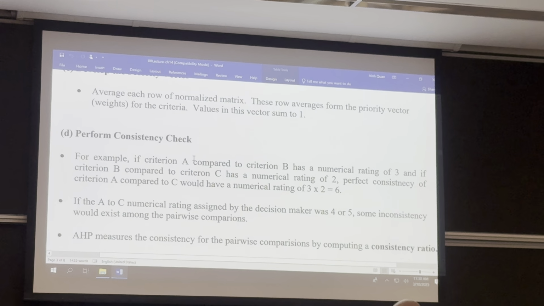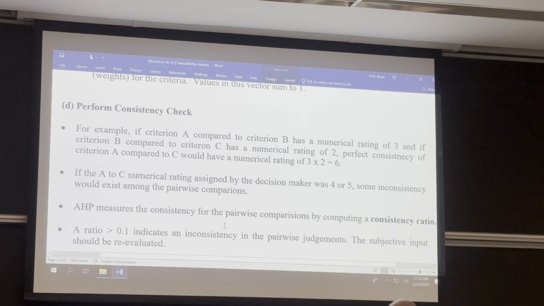So for example, if criterion A compared to B has a numerical rating of 3, and if B compared to C has a numerical rating of 2, then perfect consistency when you compare A directly to C would have a numerical rating of 6. If A compared to C assigned by the decision maker was either 4 or 5, then some inconsistency would exist among the comparisons.